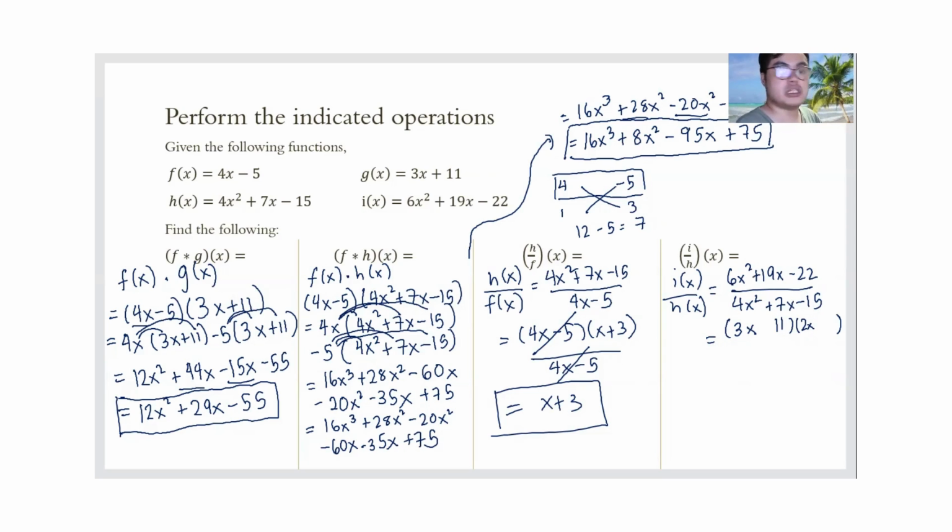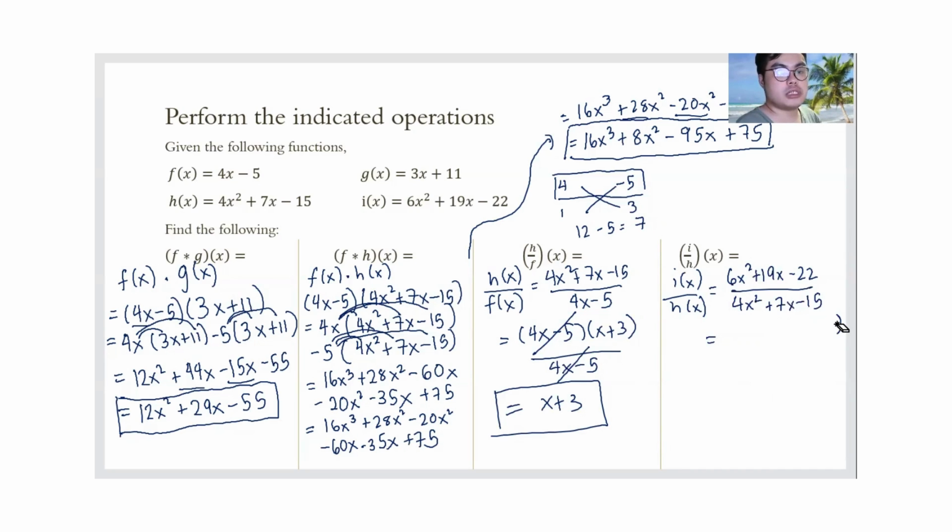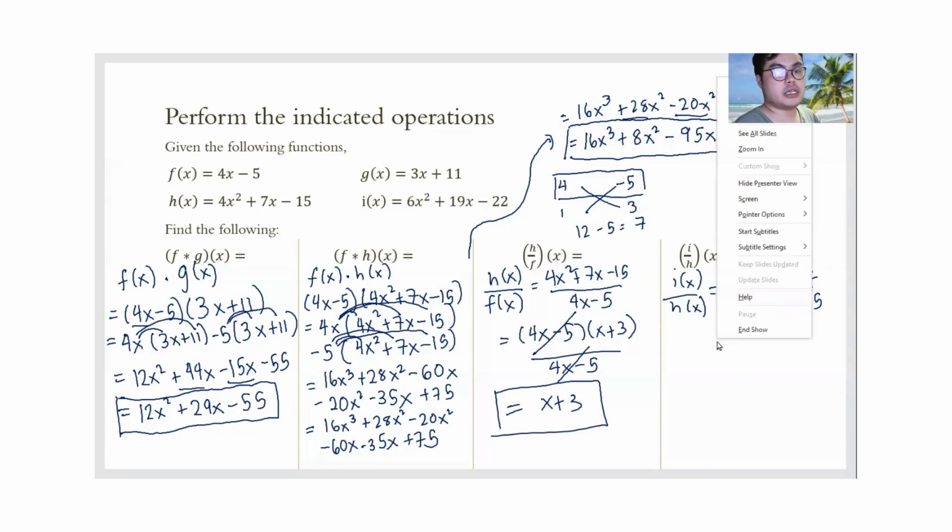Since this is not factorable, what happens is, if one of the functions is not factorable, this is already the final answer. It stays as is if one of the functions is not factorable.